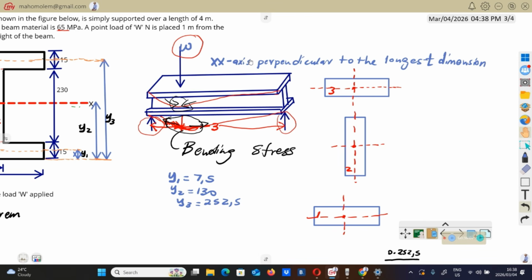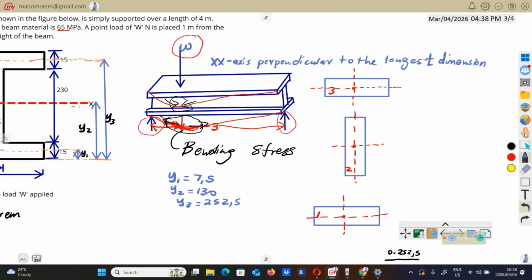So let's say x line will be the axis perpendicular to the longest dimension. Okay, in this way. Check here.